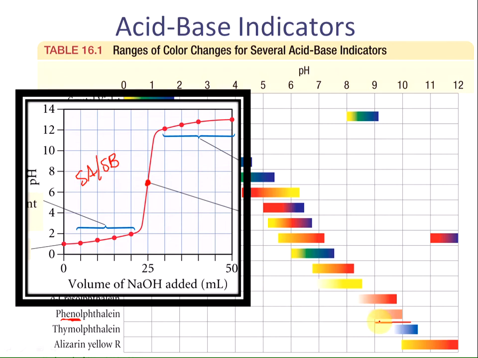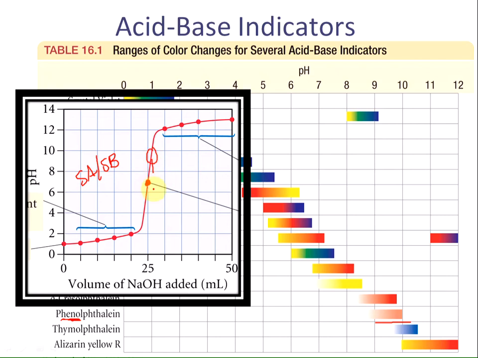Well, the 9 and 10 region, this is still the very sharp increase of the pH compared to the volume added. So you have a very small change in volume for a large increase in pH. So if we miss it by just a little bit by the color change, it's not by very much.